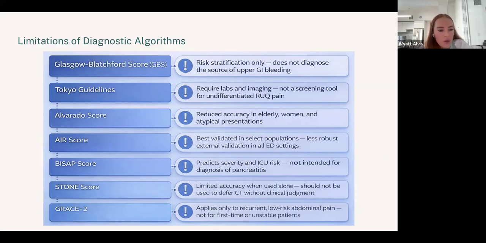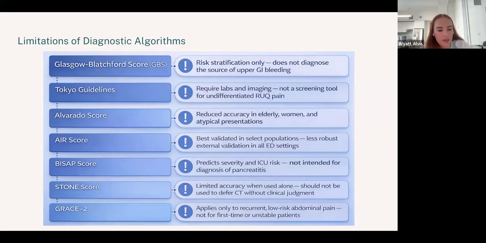When you're looking at things like the Alvarado score, it actually has reduced accuracy in women, any atypical presentation, and in the elderly as well. The BISAP score really just predicts severity. It doesn't diagnose pancreatitis at all. And the Stone score is interesting because it has limited accuracy when used alone.